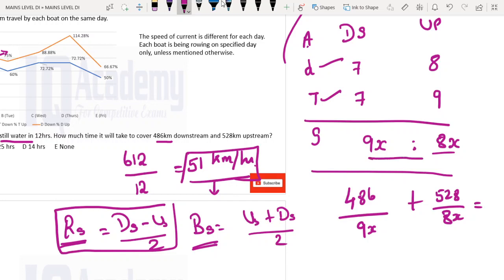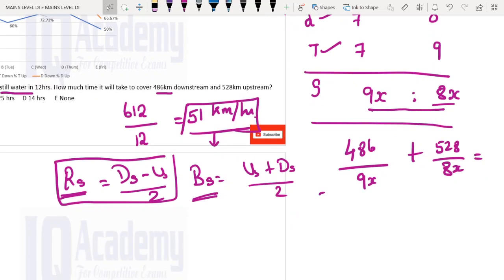Here if you add these two things, you will get 17x. So 17x by 2 is equal to, we know the boat speed as 51, so x will be equal to 6.